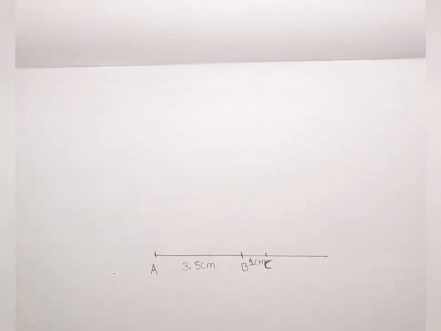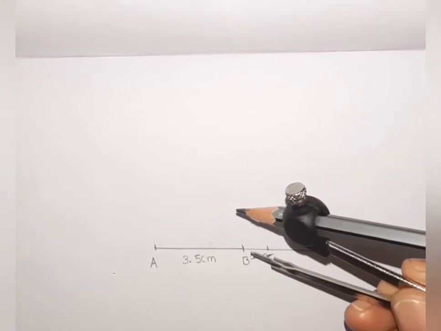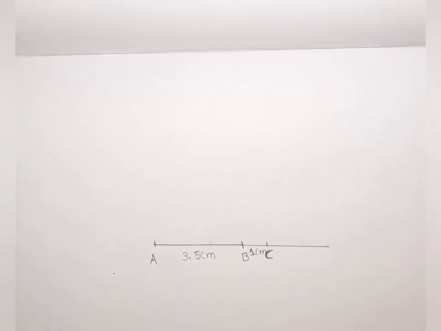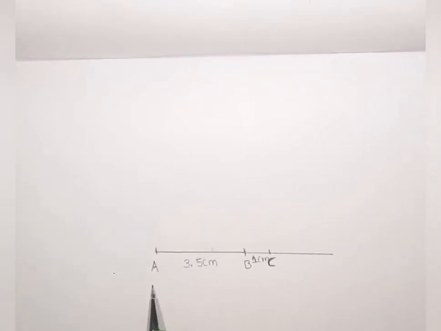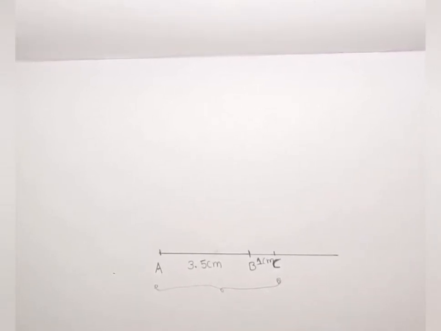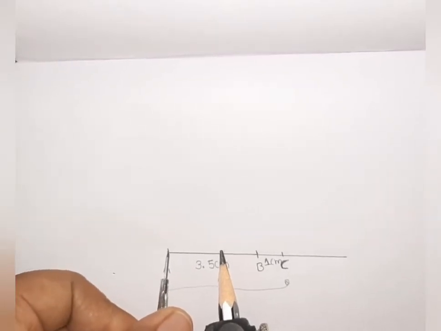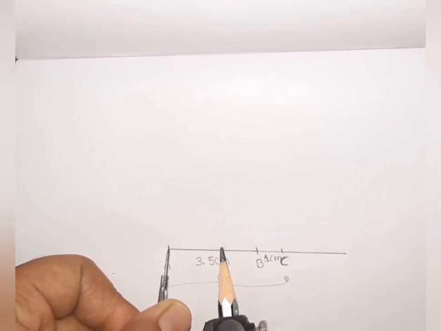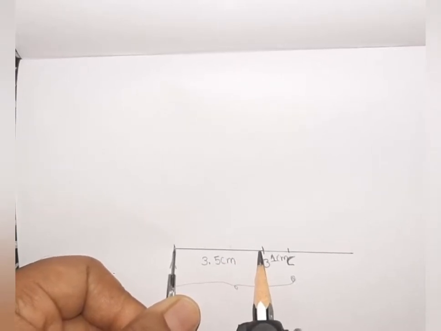So next we should draw a perpendicular bisector, or we can say that we should mark a midpoint for this line AC. The middlemost point of AC has to be marked in the next step. For that, keeping the compass at A point, take more than half measurement.